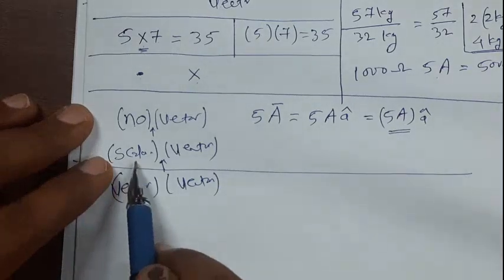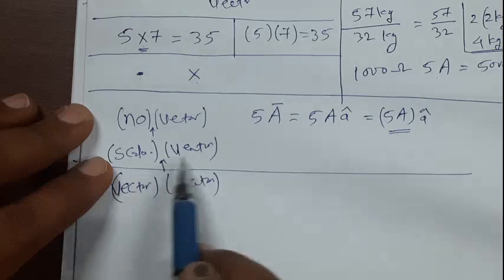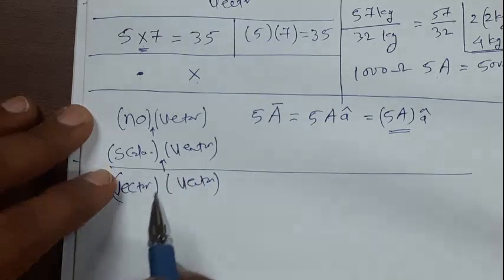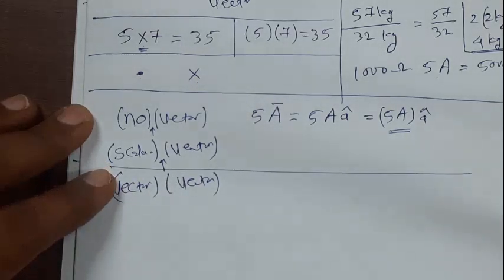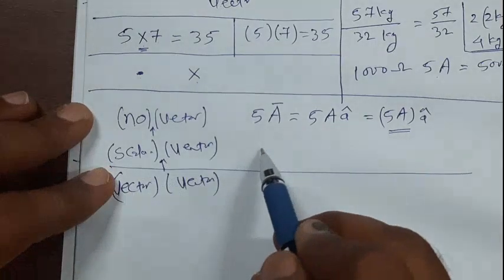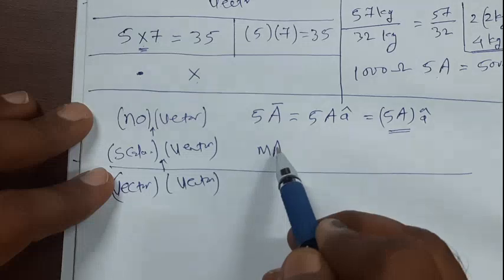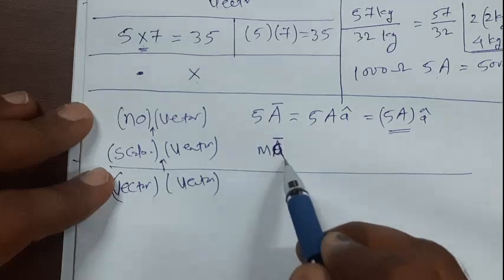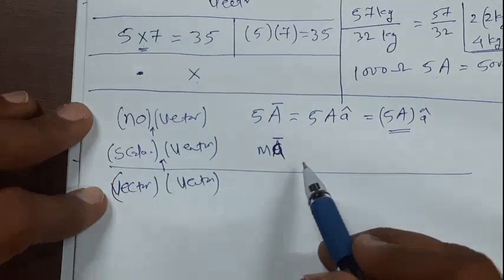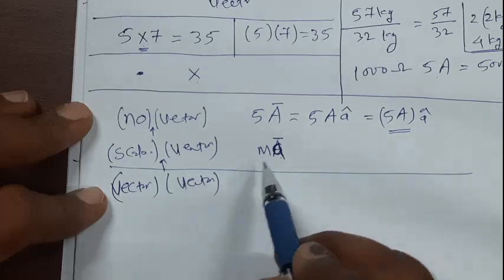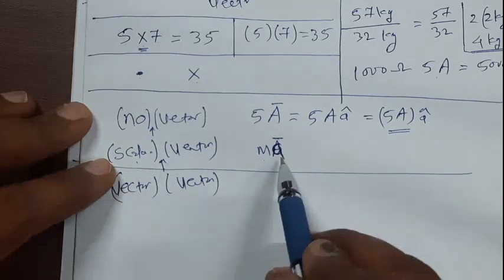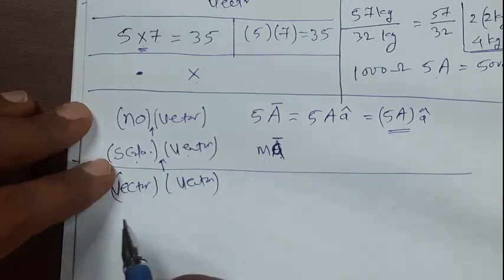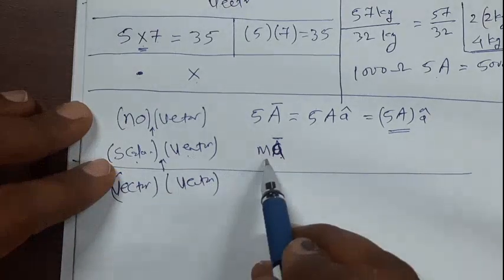What about this? We are also aware of such multiplication. For example, force is equal to mass into acceleration. Here A bar is the acceleration; the convention is to write a small a, and therefore I have changed this. It is mass into acceleration. Mass is a scalar quantity and acceleration is a vector quantity, but here the scalar quantity has a unit.